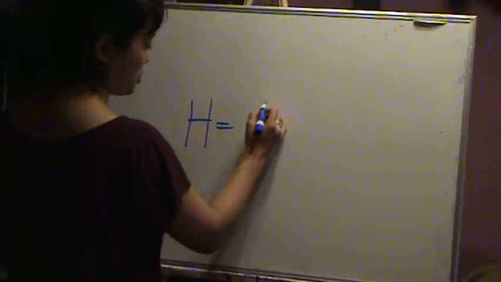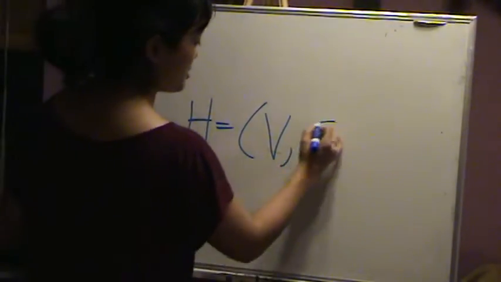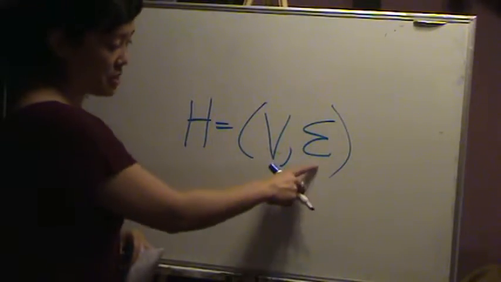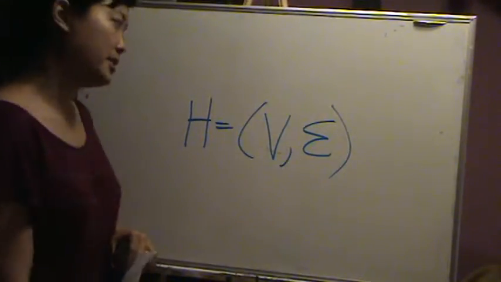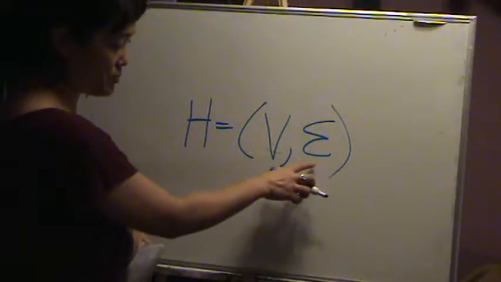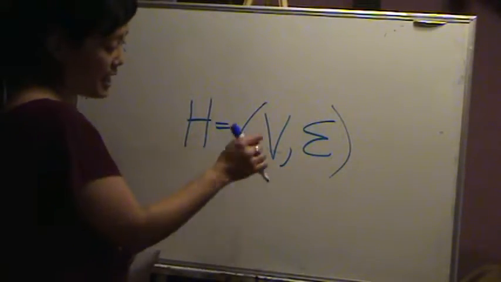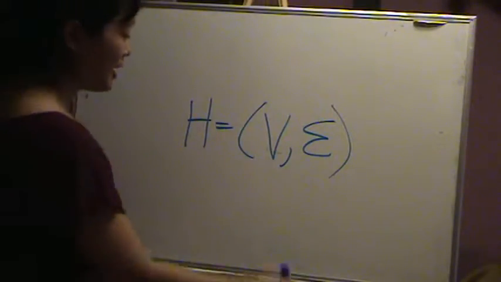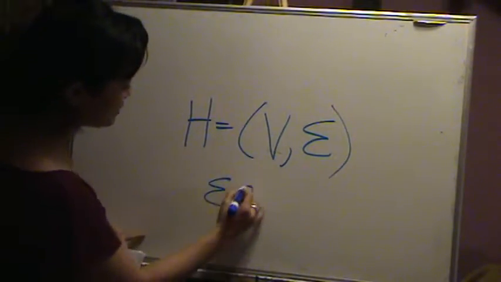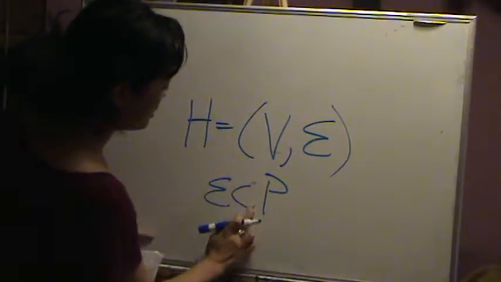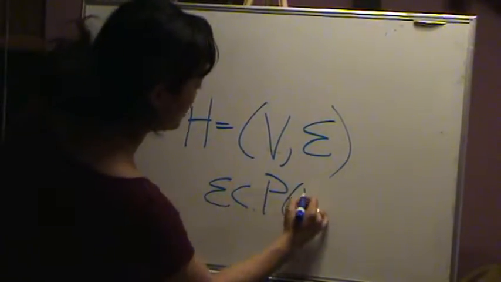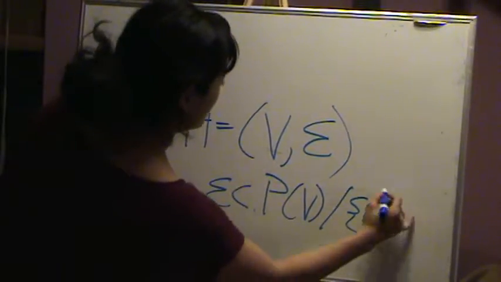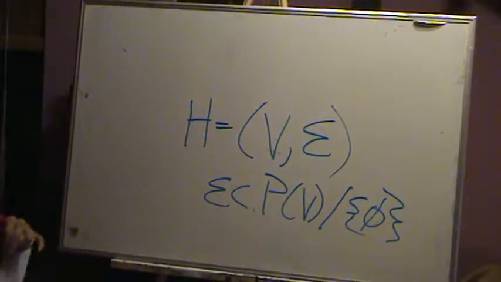So the formal definition of a hypergraph is similar to the one for a graph. H is equal to the tuple, set of vertices, set of edges. The difference is that these edges are hyperedges, which means that each edge is any subset of V. Another way to say that is E is a subset of the power set of V, not including, of course, the empty set.